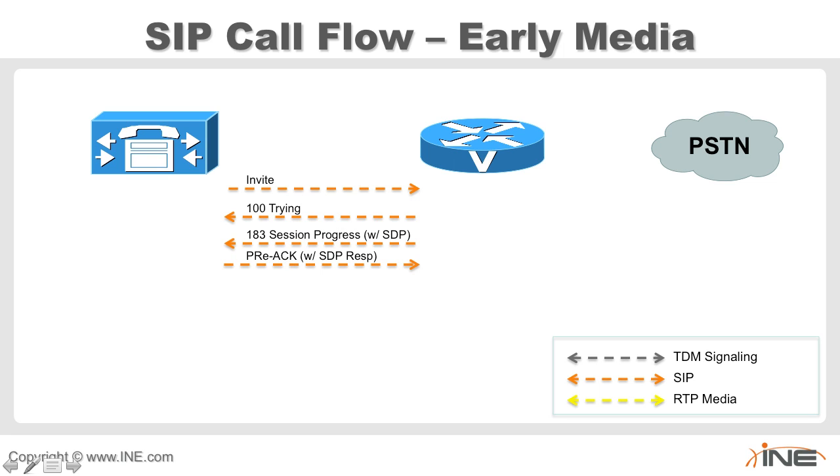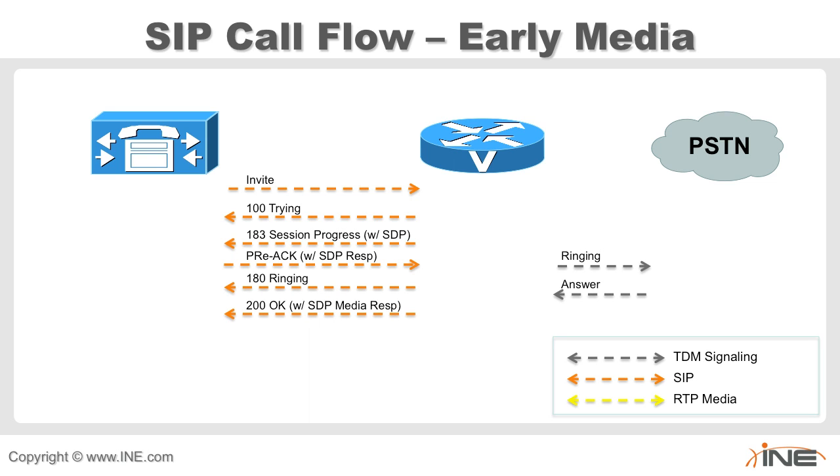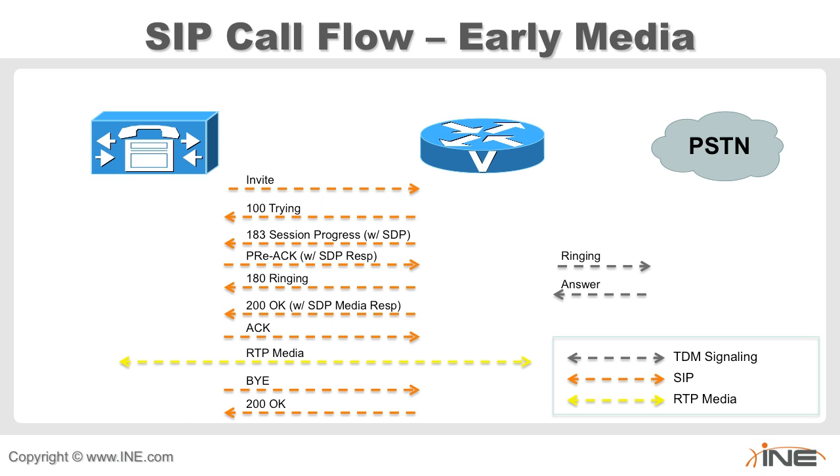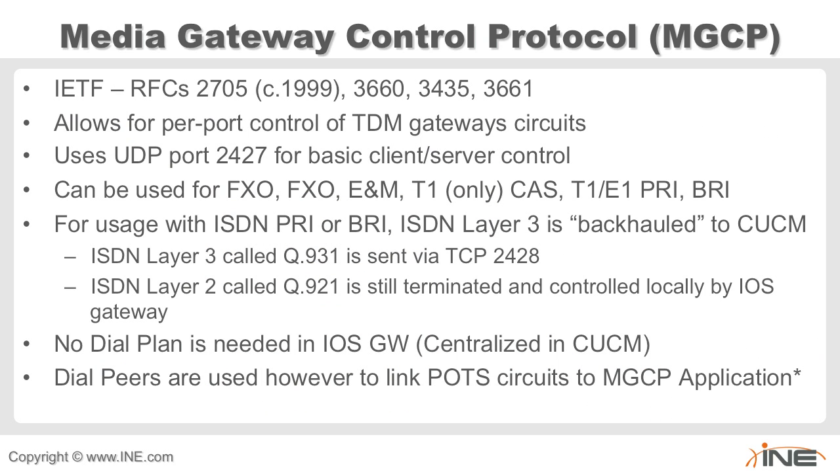But anyhow, we have the SDP, the session description protocol response, then the ringing, answer, and the media response, and the acknowledgement. Okay? And then the bye and the okay. So that's early media. So let's finally look at Media Gateway Control Protocol.